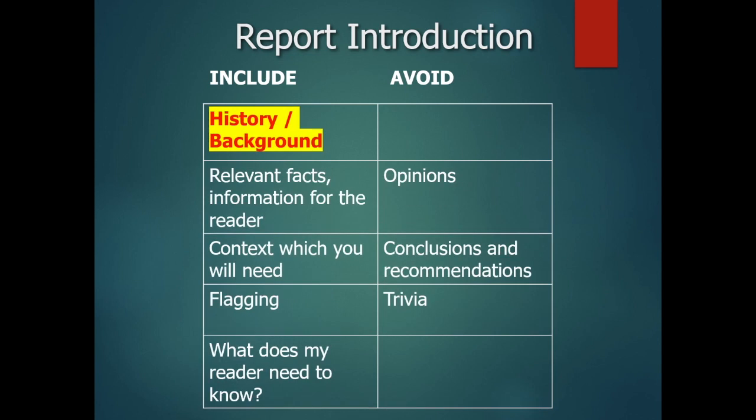The second paragraph or group of paragraphs in your report introduction focus on the history and background. So there must be relevant facts or information for the reader that need to be covered. And depending on the reader's prior information or the extent to which he or she is already informed, you might embellish this or you might restrict it.